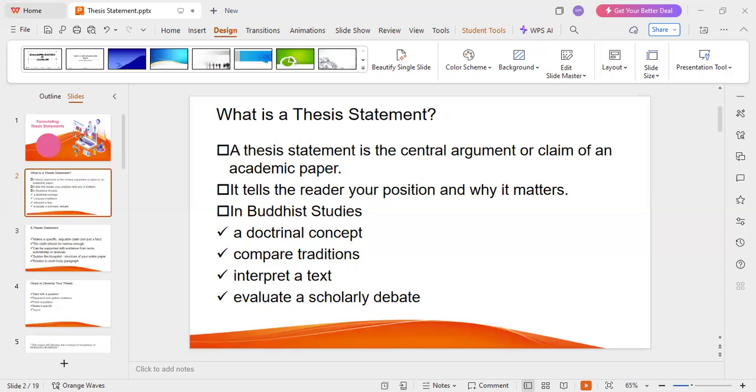What does a thesis statement do? Because you might have already completed your master's or your bachelor's, so you might have engaged in several areas of research. So, what do you understand as a thesis statement before we move to all these scholarly definitions?